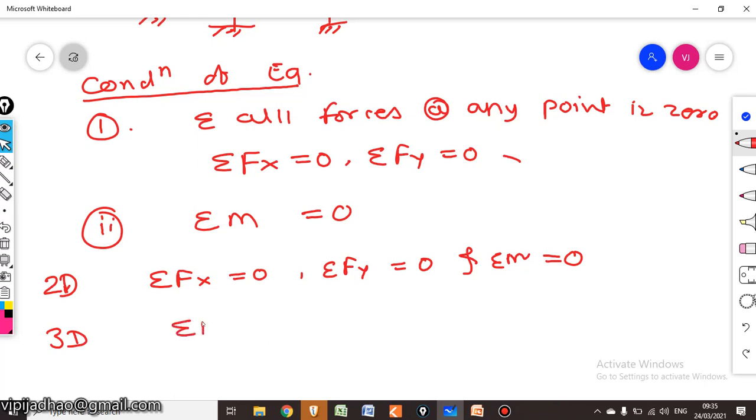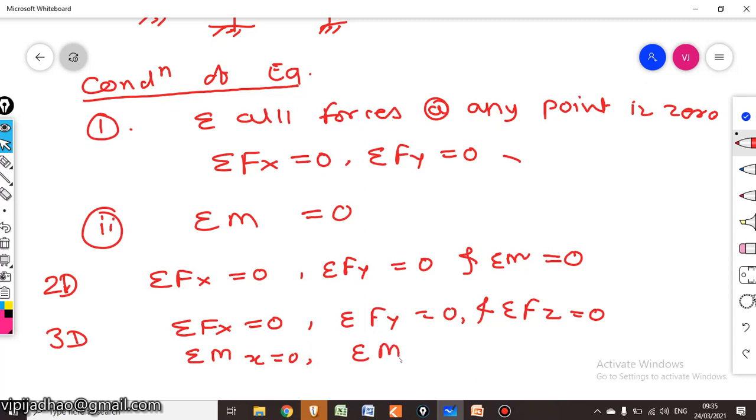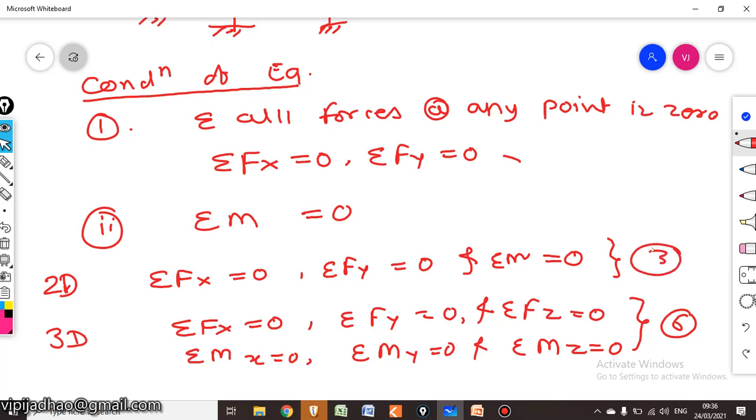That is, summation of forces in x, y, and z directions is equal to zero, and summation of moment about x, y, and z directions is equal to zero. So in case of a three-dimensional structure, we have six conditions of equilibrium, whereas in a two-dimensional structure, we have three equations of equilibrium.